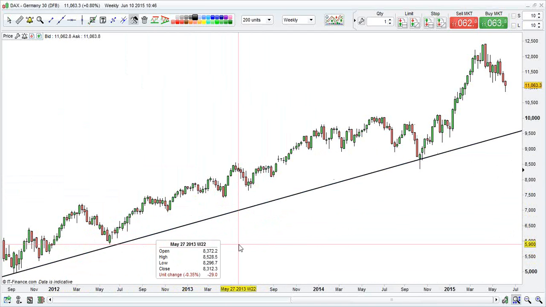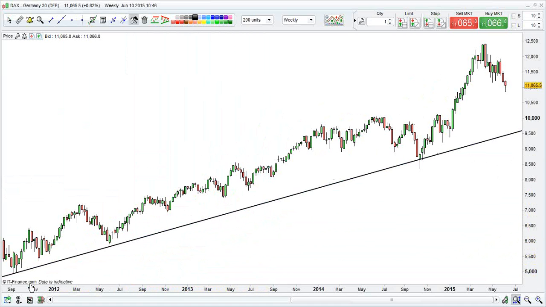Okay, so we can use trend lines to determine whether the market is in an uptrend, a downtrend, or whether it is consolidating. These are a very simple but very effective tool in our trading toolbox. Now, the best practice in drawing trend lines is to identify two major tops or bottoms on your chart and then to connect them.